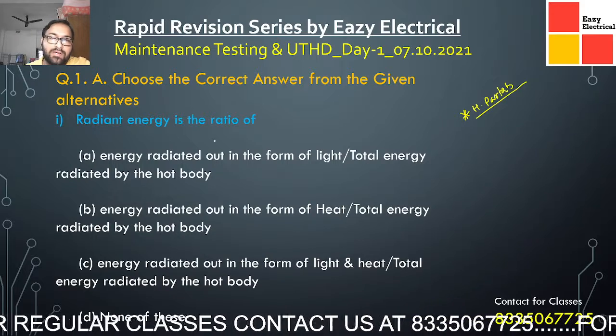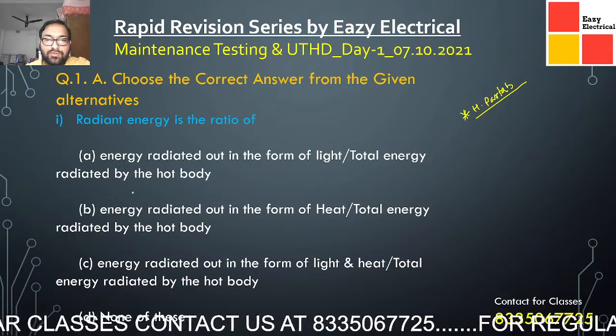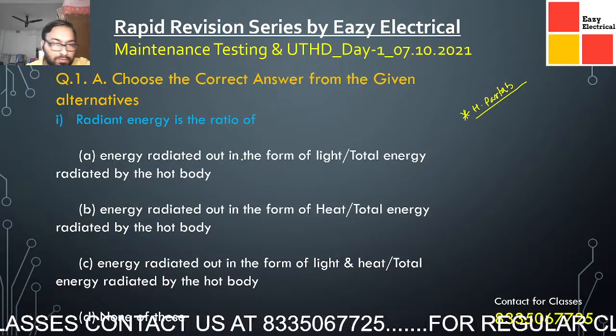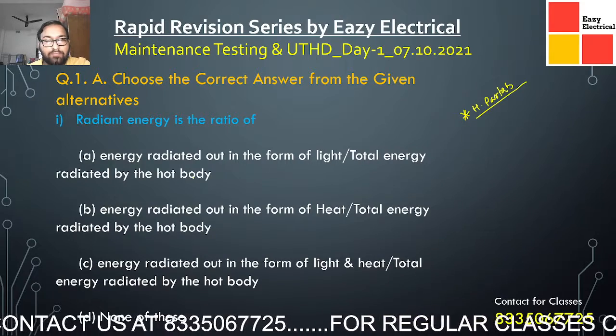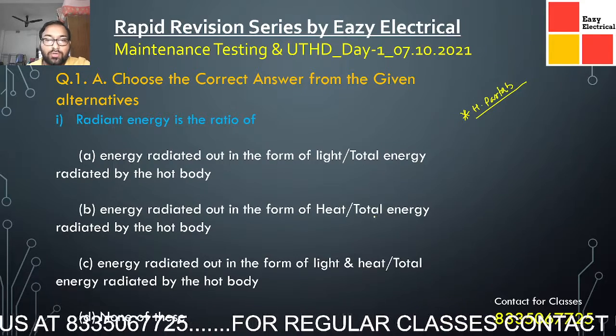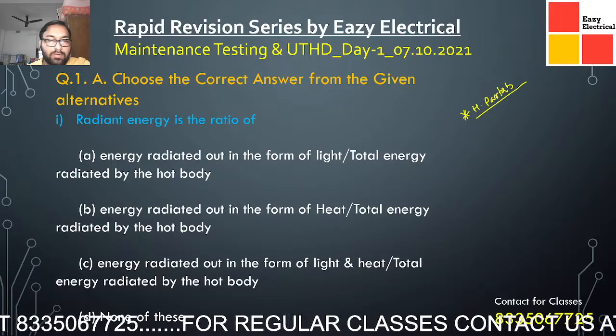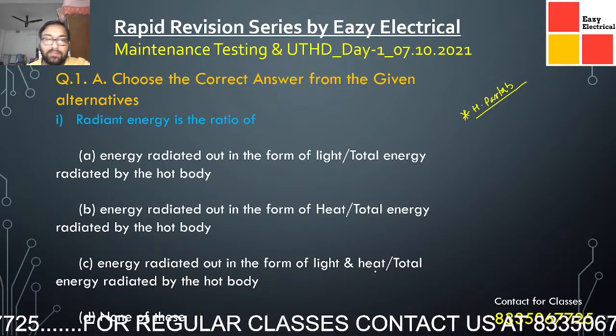Now radiant energy is basically the ratio of the energy radiated out in the form of light to the total energy radiated by the hot body, that is the energy radiated in the form of light and heat.